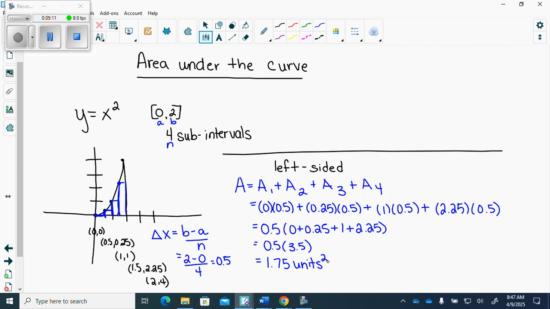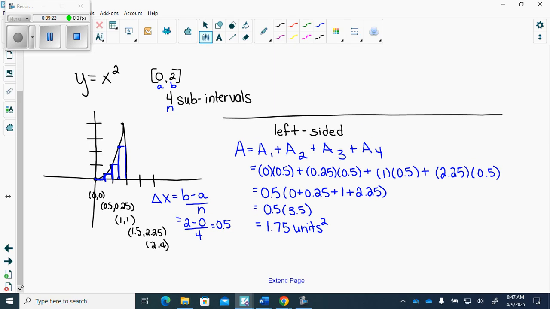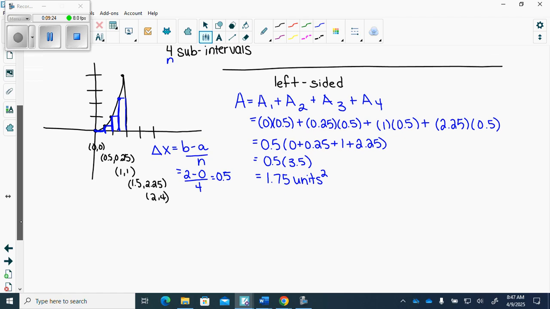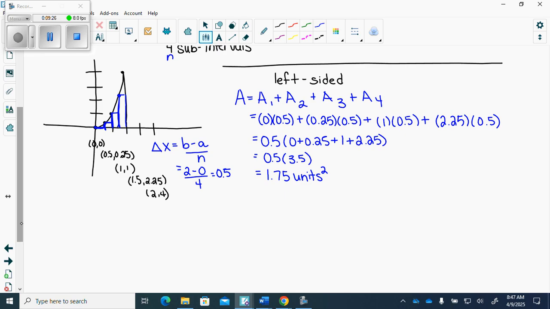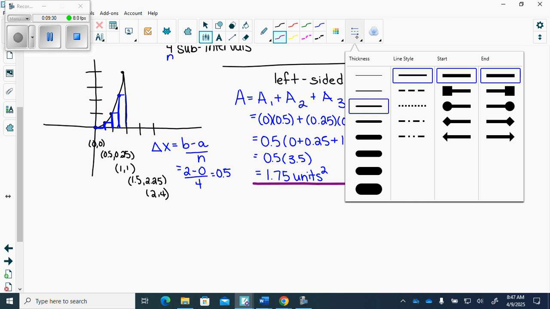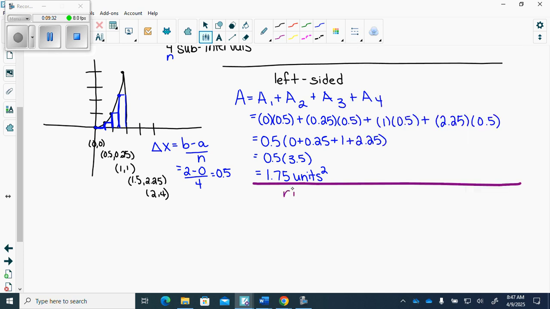So we underestimated the area, correct? So that area is for sure bigger than 1.75. Okay. Then we're going to do right-sided. Like I said to you, do you get to choose? If they say right-sided, do you get to be like, nah, I don't want to do that?